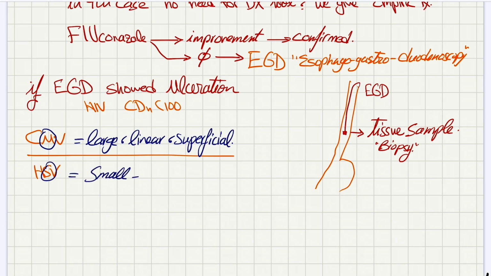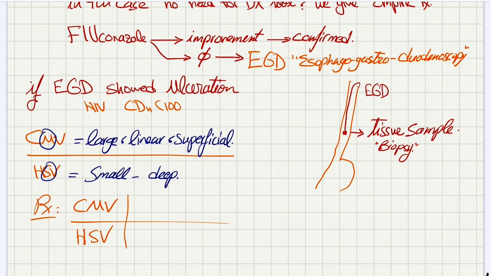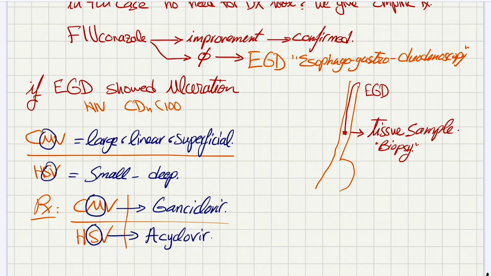HSV, let the S help us to remember it's a small and deep ulceration. The treatment in CMV is to use ganciclovir. Megalo, large group of people, a gang of people, ganciclovir. Now for HSV, remember the S, just say S, then say clovir, S-cyclovir.